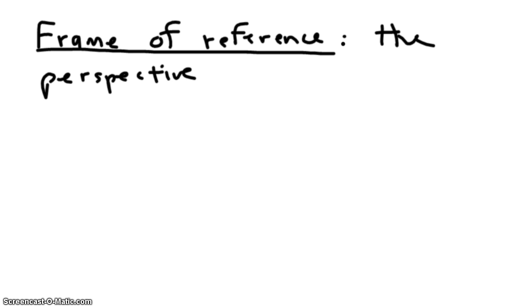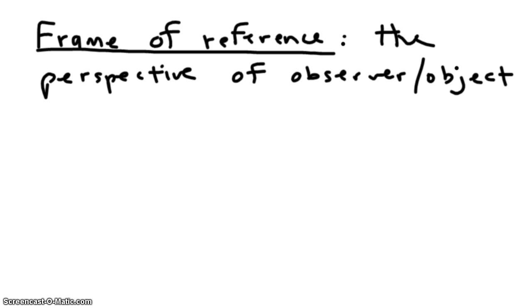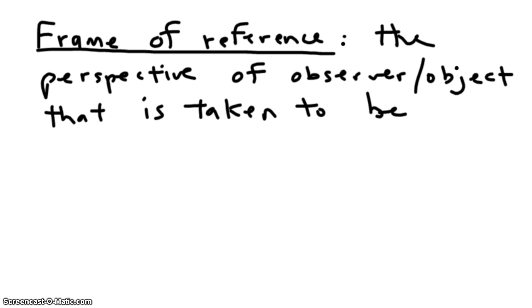It's a good way to think about it. The perspective of an observer or an object that is taken to be stationary. And stationary just means not moving, standing still, zero velocity.